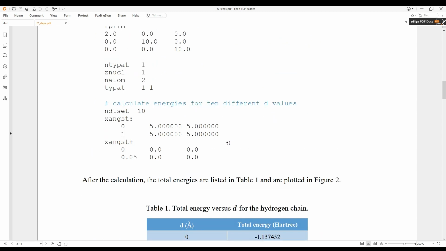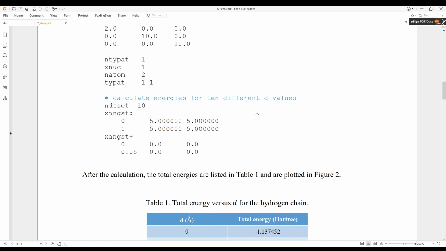The positions of the hydrogen atoms are given here, and ABINIT provides a very convenient way to scan this d value. So we're going to do 10 different energy simulations for 10 different d values. The initial d value is 0.